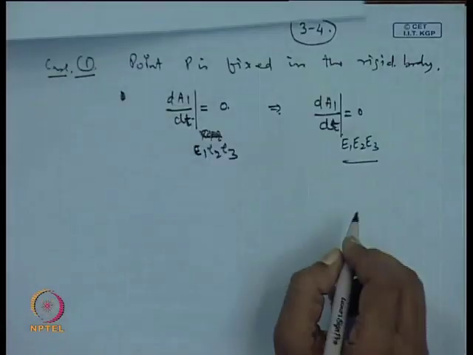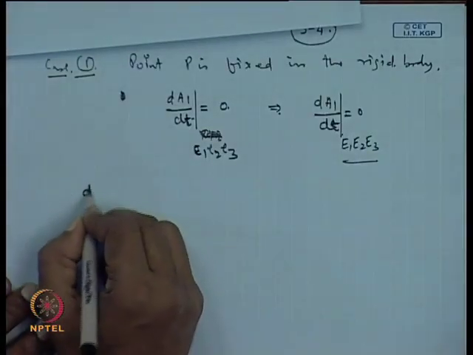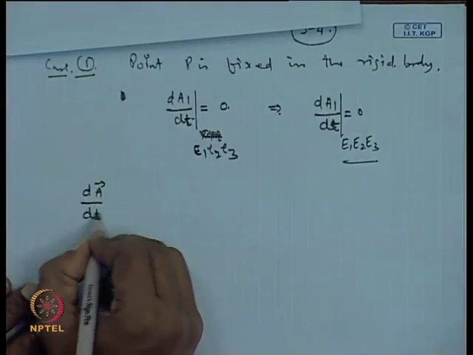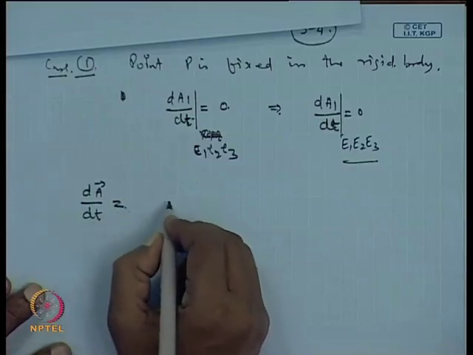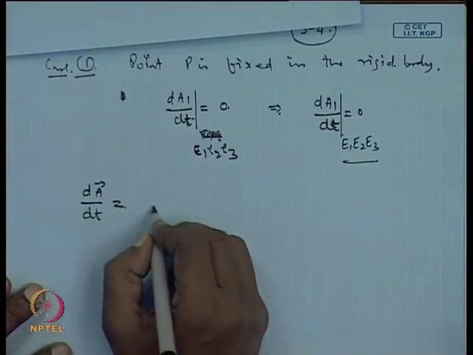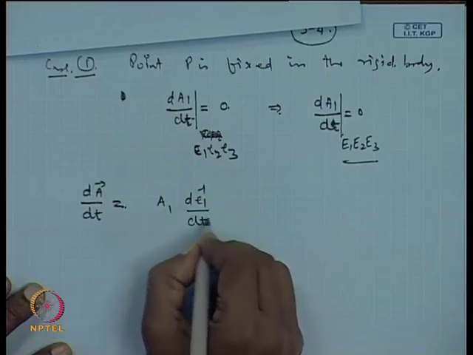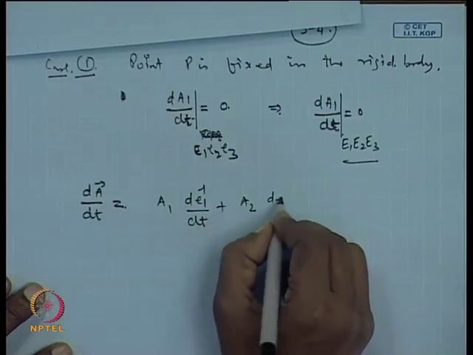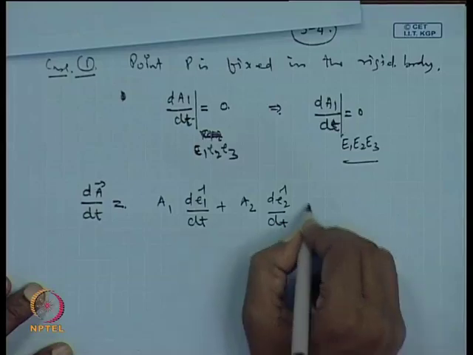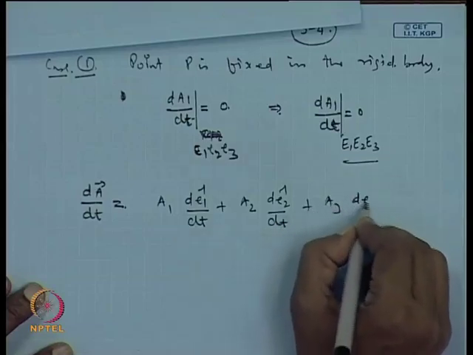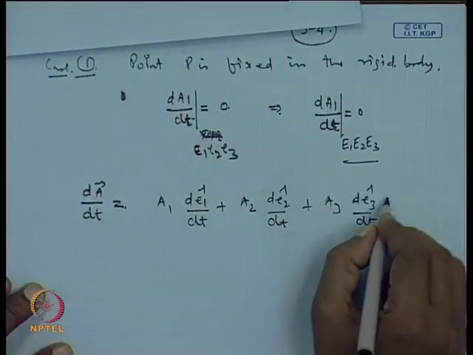Okay. So, in that case you can write dA by dt as A1 times d1 cap by dt plus A2 times d2 cap by dt plus A3 times d3 cap by dt.